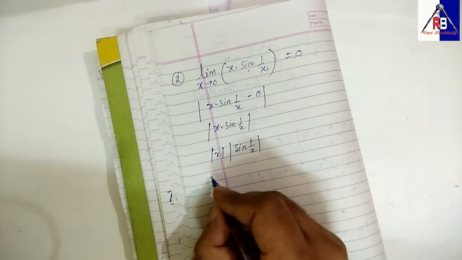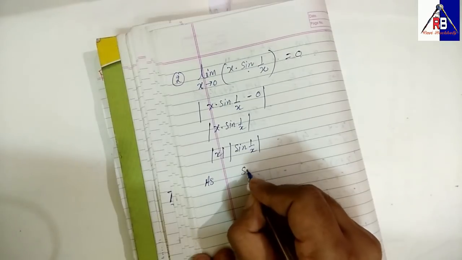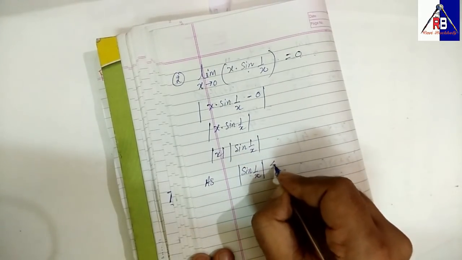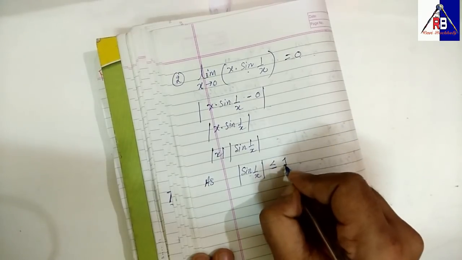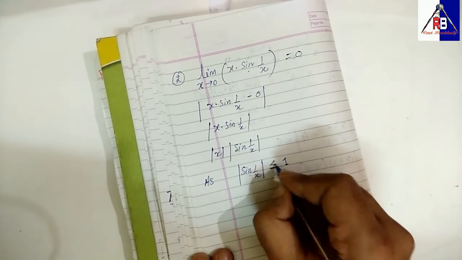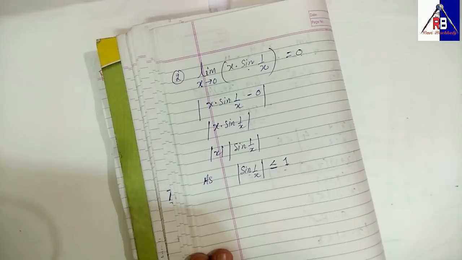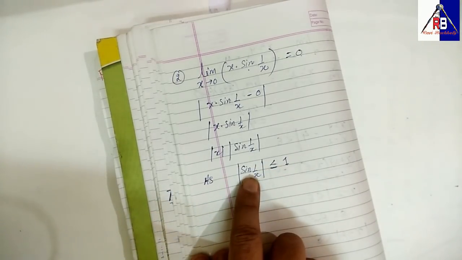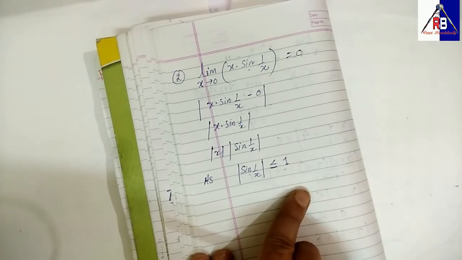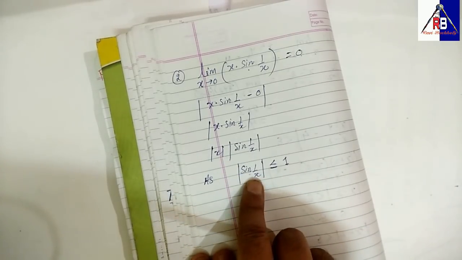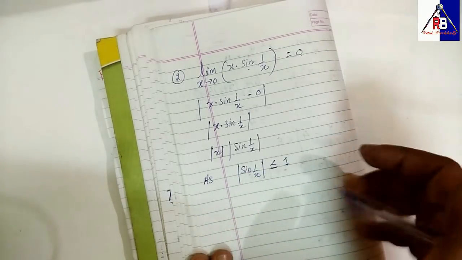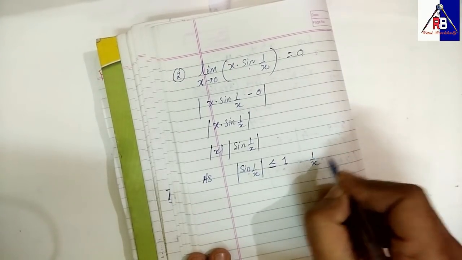Now, as we know, modulus sine theta has a value less than or equal to 1. If we don't take the modulus, then sine theta can be from minus 1 to 1. But if we take the modulus of sine theta, it is either equal to 1 or less than 1, whatever the value of theta might be.